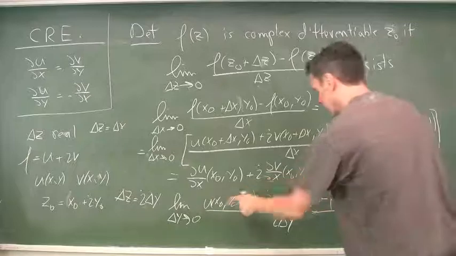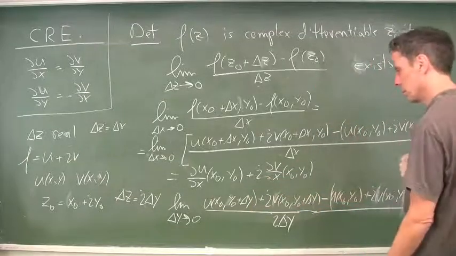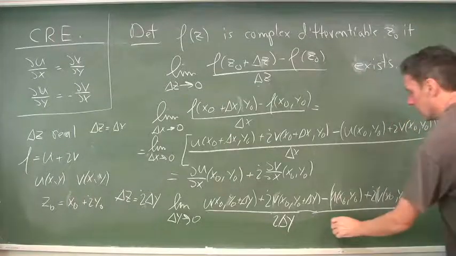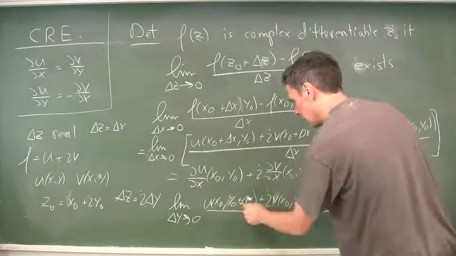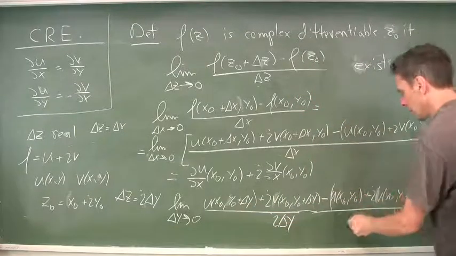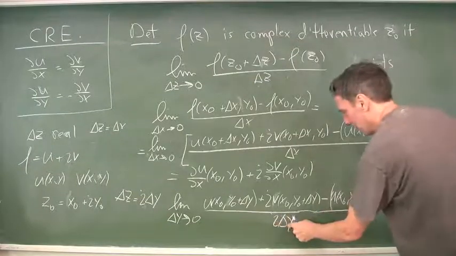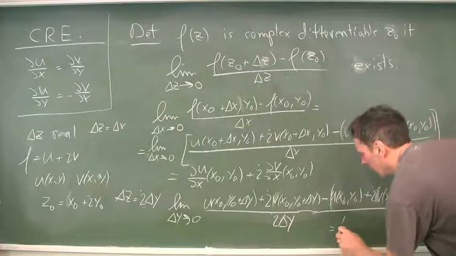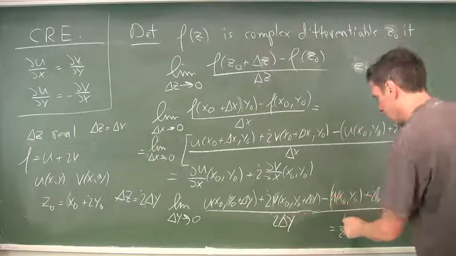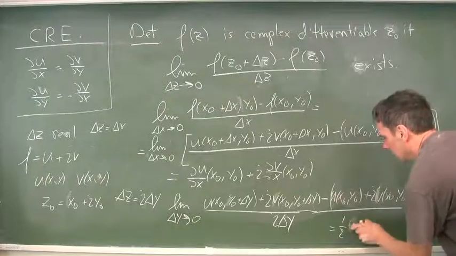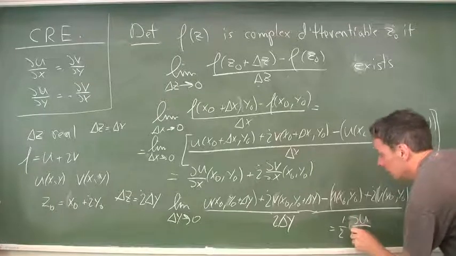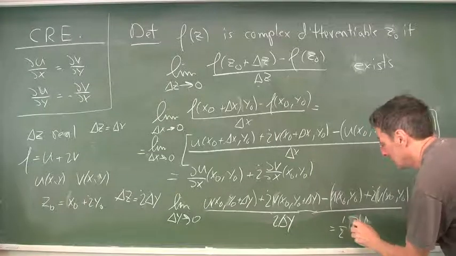So what will this expression converge to? Well, you see this term minus this term will obviously converge, when you divide by this, to 1 over i, you have an i down here, times the partial derivative of u with respect to y.